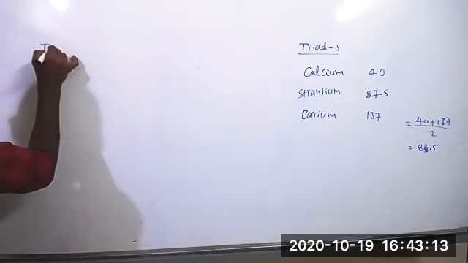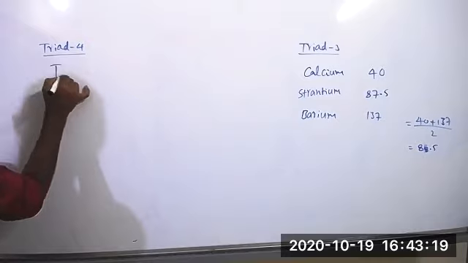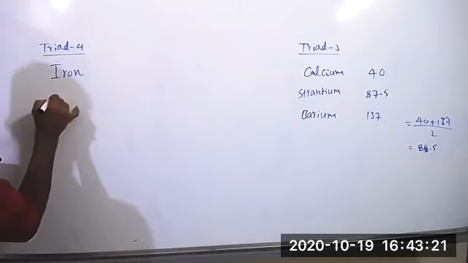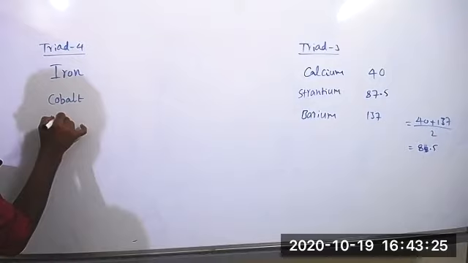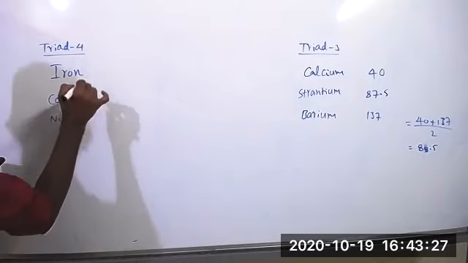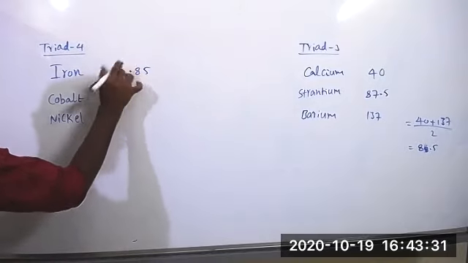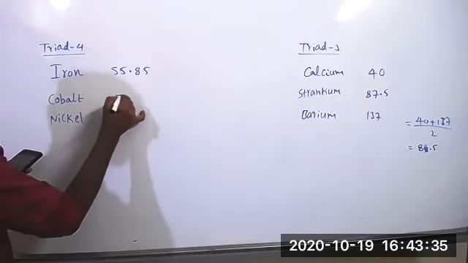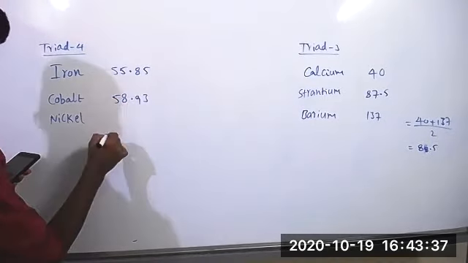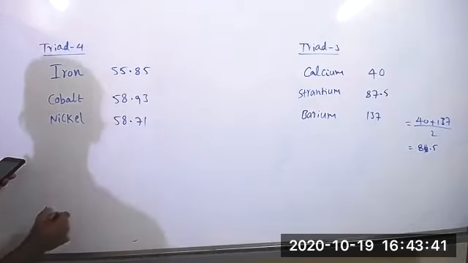Then triad 4. Here all the elements have similar masses: iron, cobalt, nickel. Iron is 55.85, cobalt 58.93, nickel 58.71.